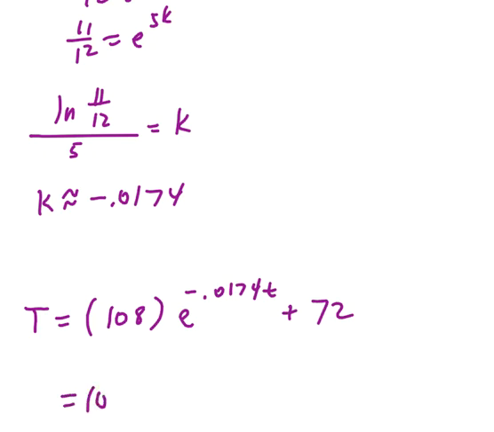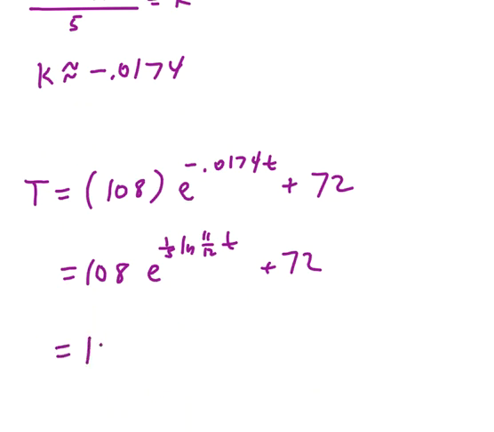Or I could do a little math magic on this and keep it as ln. It depends on your comfort level with these exponential properties, and also what the numbers are.